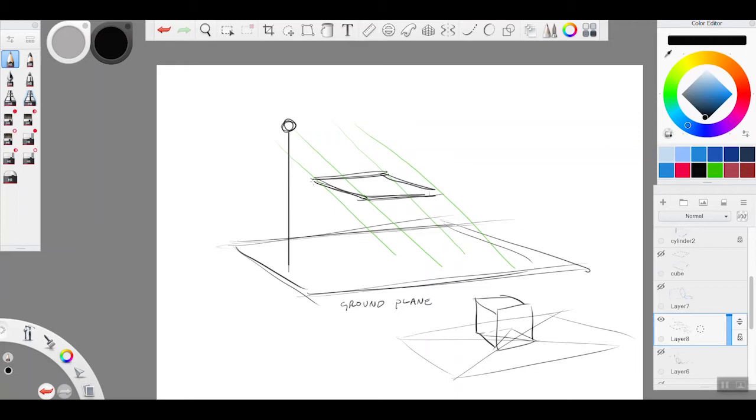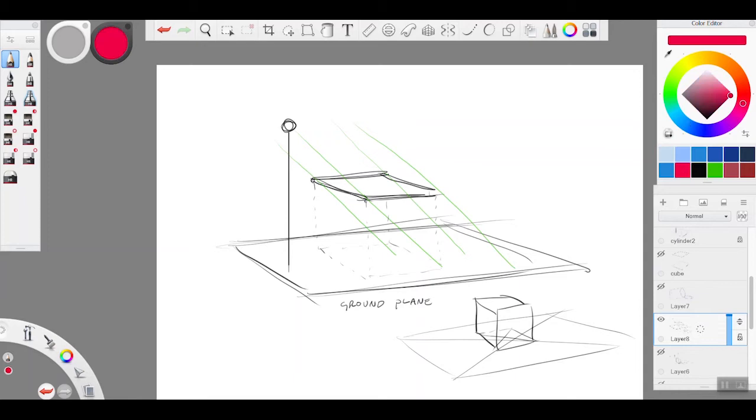What's actually needed for this paper, and again, why the ground plane is important, is we need to know where these corners have a corresponding relationship to the ground. And you'll notice I'm starting to draw essentially a cube here because I need to find out roughly where the ground plane of this face is.